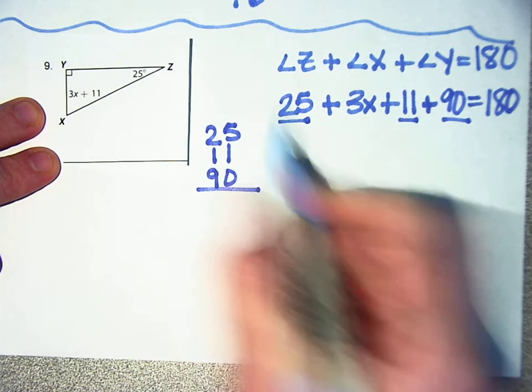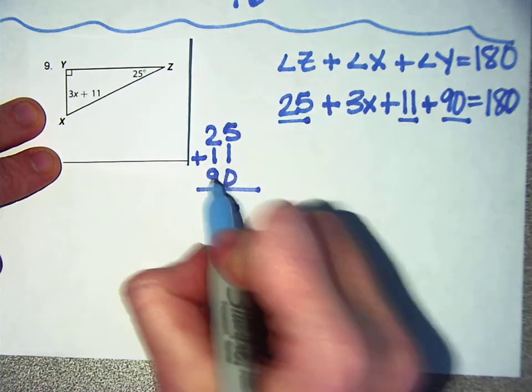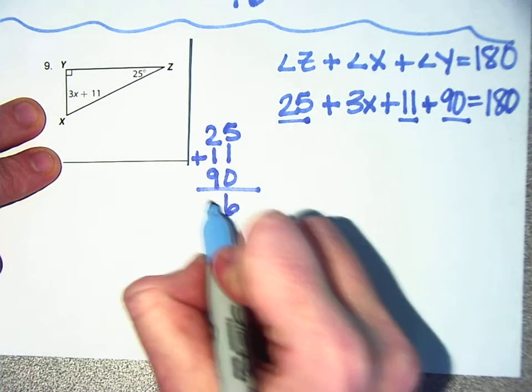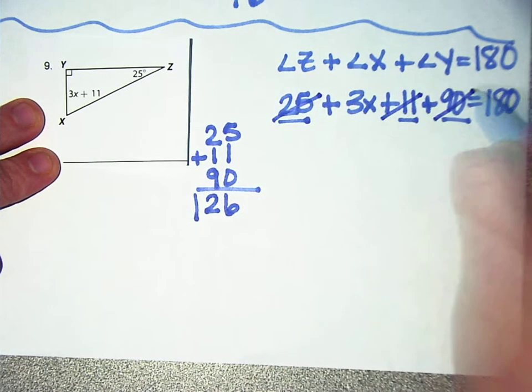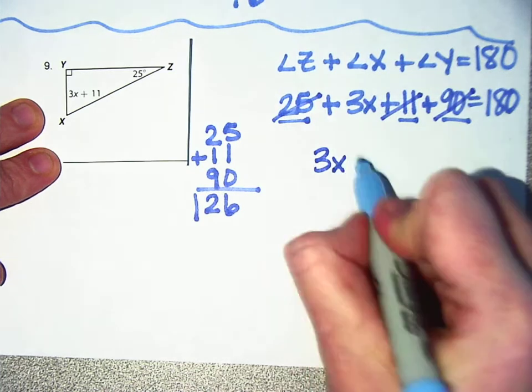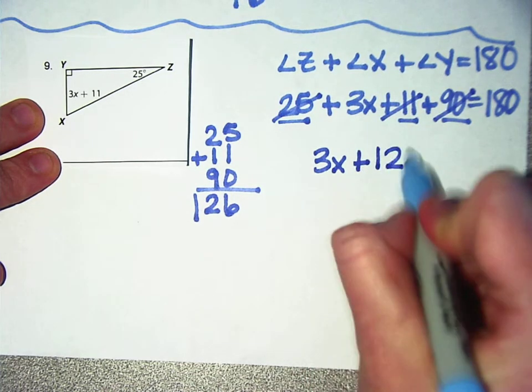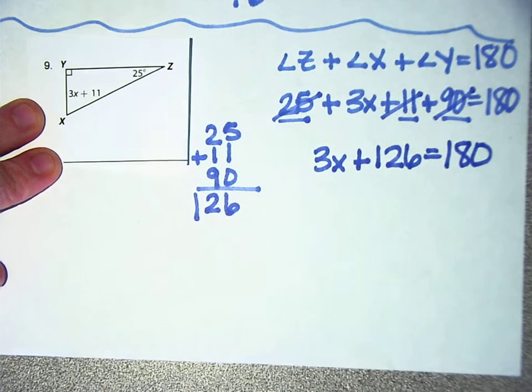I'm going to add those all together. 5 plus 1 is 6. 9 plus 1 is 10. Plus 2 is 12. Okay, so now we're finished with all of these because we've just added them together. Now we've got 3x plus 126 equals 180.